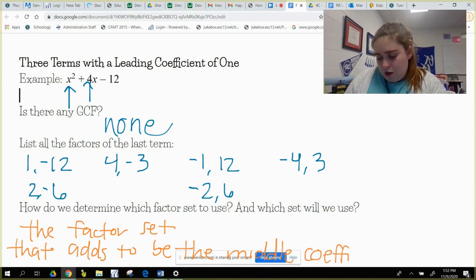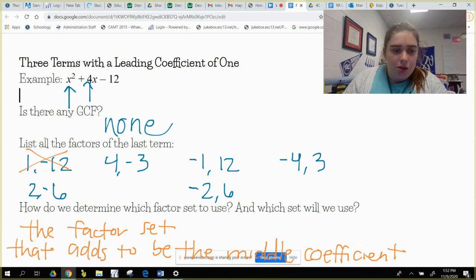Okay. All right, so let's look at our factor sets that we listed and see which of those would become positive 4. So 1 minus 12, no, that's going to be negative 11, so that one is not going to work. Okay, 2, negative 6, that would be negative 4, so it's close, but still not positive 4, so not that one.